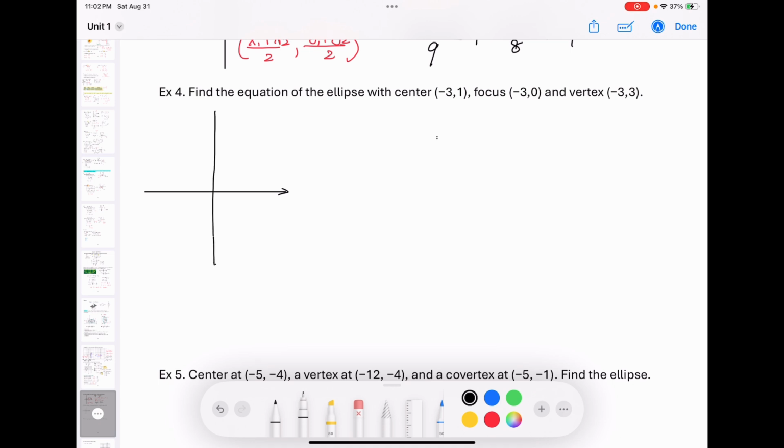Okay, let's do this. So the center is (-3, 1). Let's say -3 and 1.